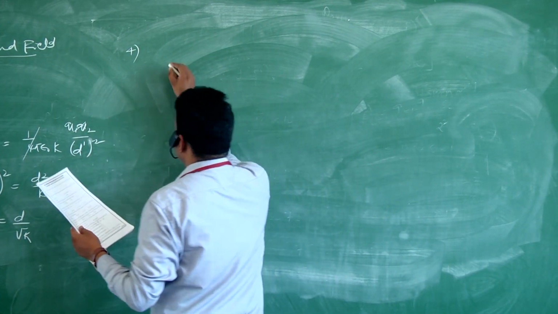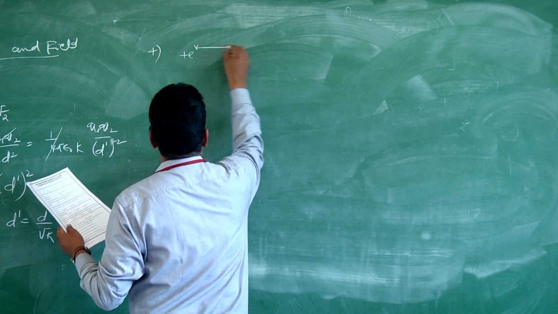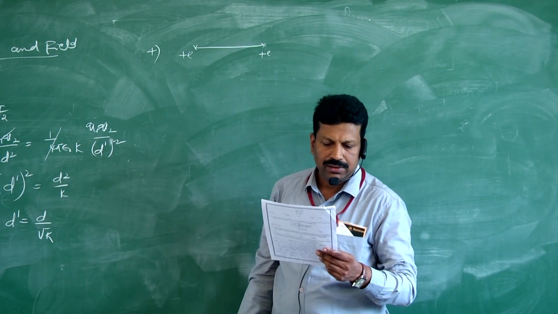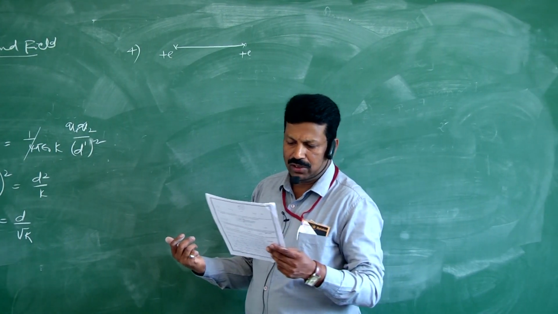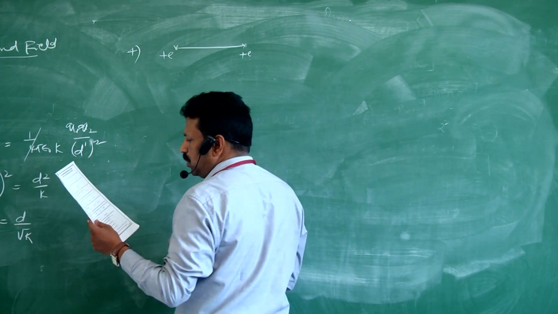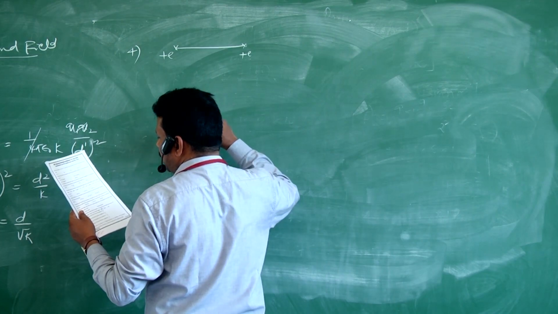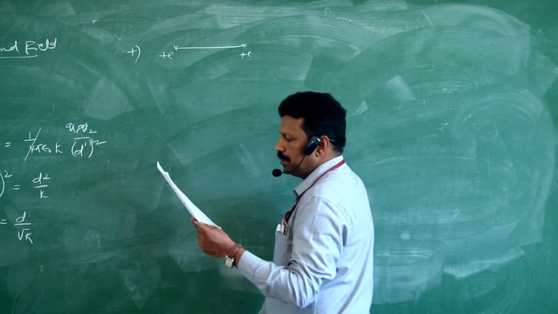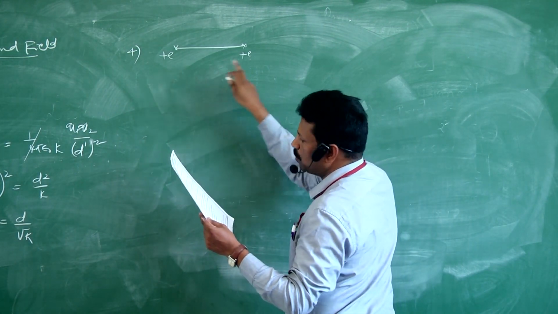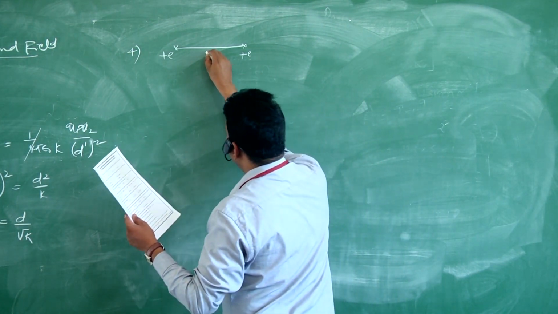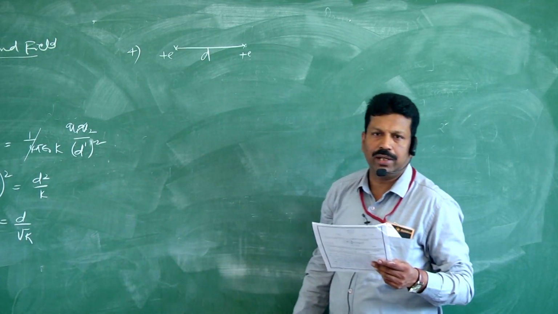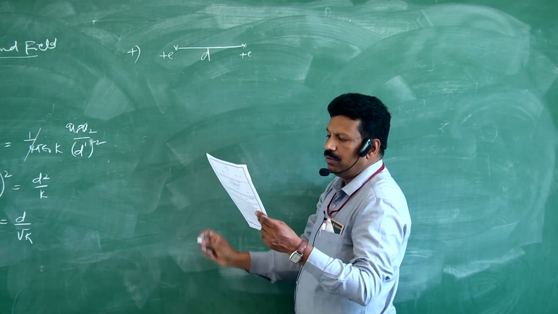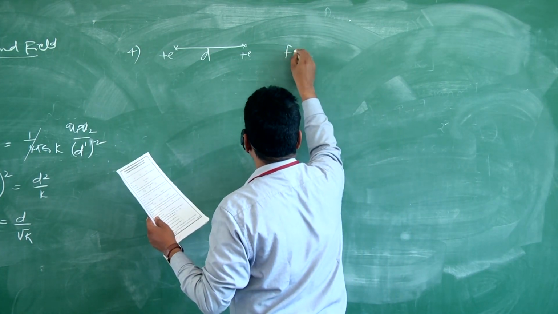We have two protons, each with charge plus e. Suppose these are the two protons, separated by distance d. The distance is not given, we will have to calculate it.